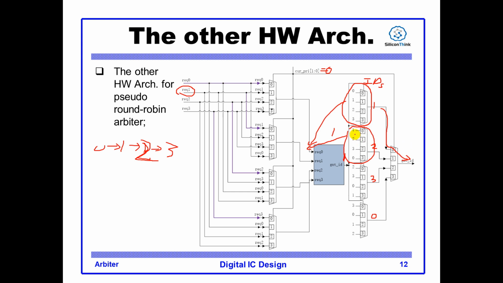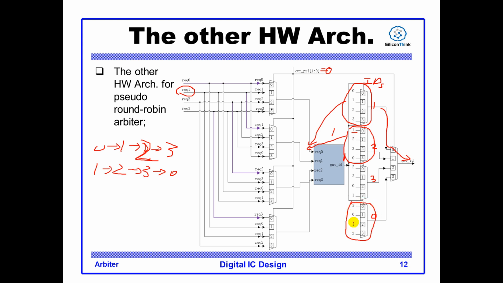You see the first collection for priority equal to 1. And this is also the same for this one.